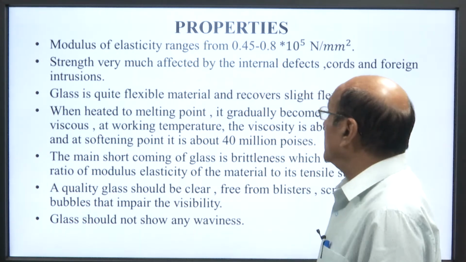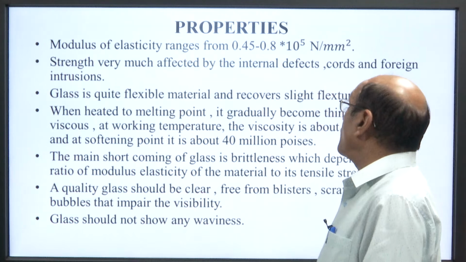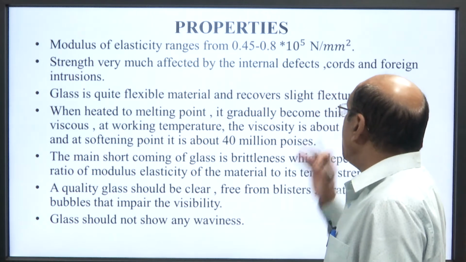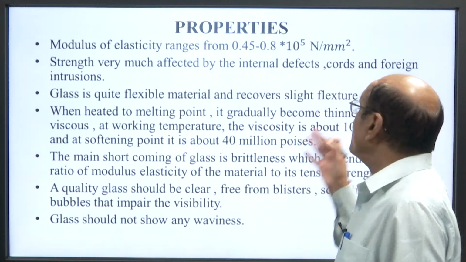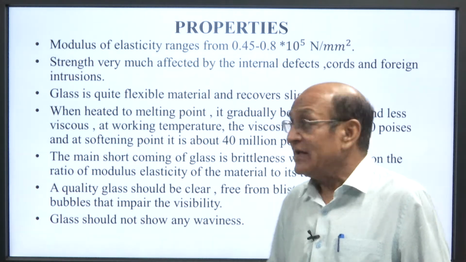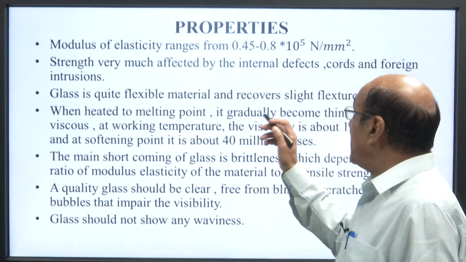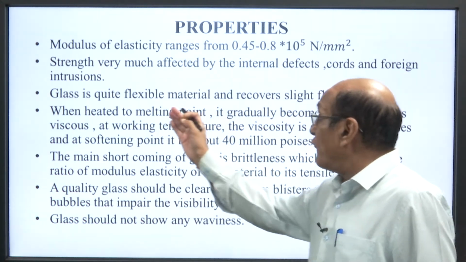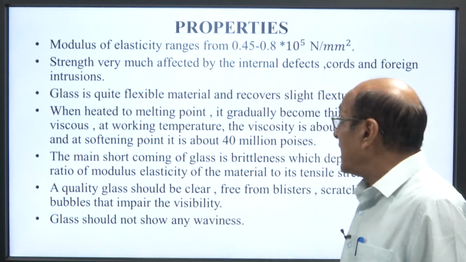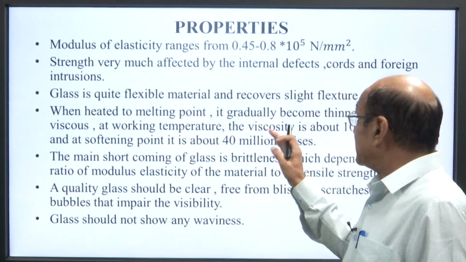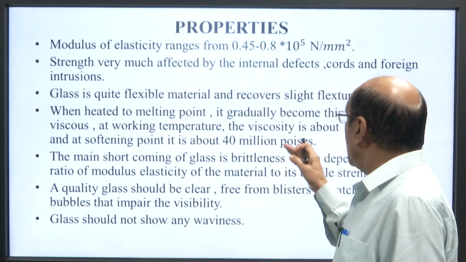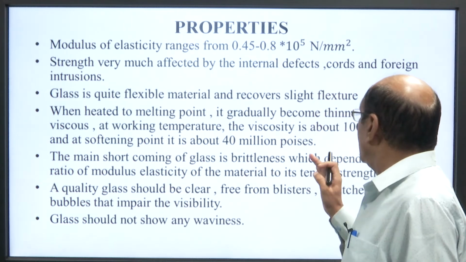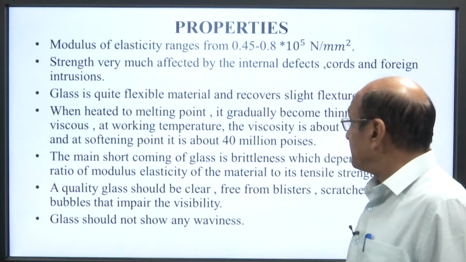The modulus of elasticity ranges from 0.45 to 0.8 into 10 to the power 5 Newton per millimeter square. Strength is very much affected by internal defects, cords and foreign inclusions. Glass is a quite flexible material and recovers from slight deformation.